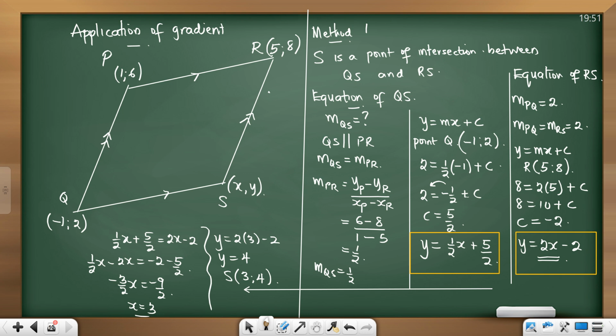Can I jump to method number 2 quickly? Such a good lesson today. I enjoyed the content. Anybody still busy writing? Give me a thumbs down. I want to move, but give me a thumbs down if you don't want me to move yet. Okay, Lino. You give me a thumbs up when you're done.